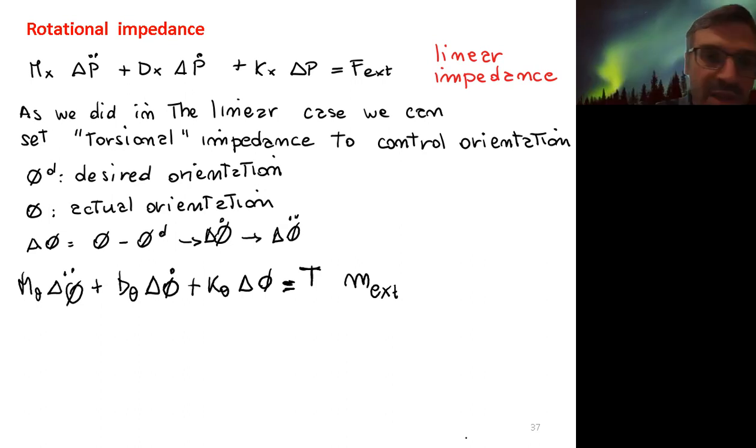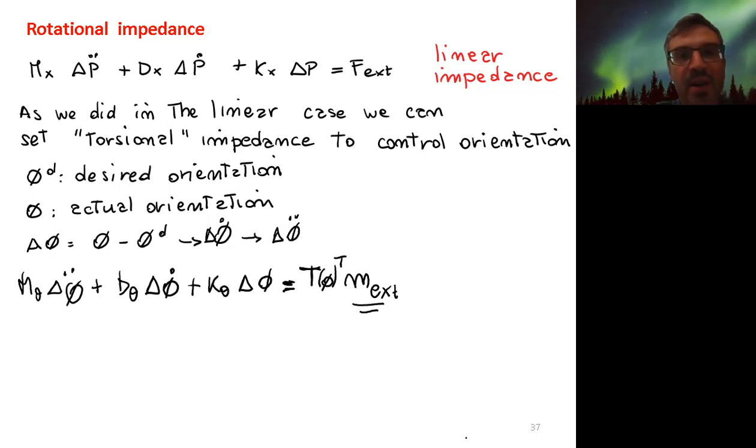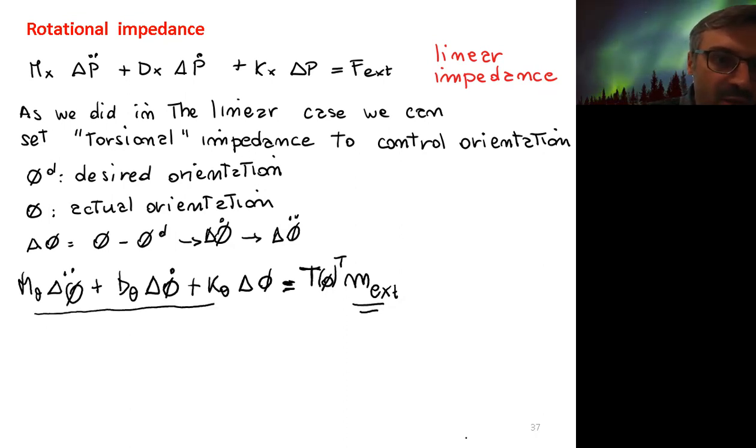And here you want to use the transpose of that to map moments into moments at the level of Euler angles. So this is an impedance at the level of Euler angles.